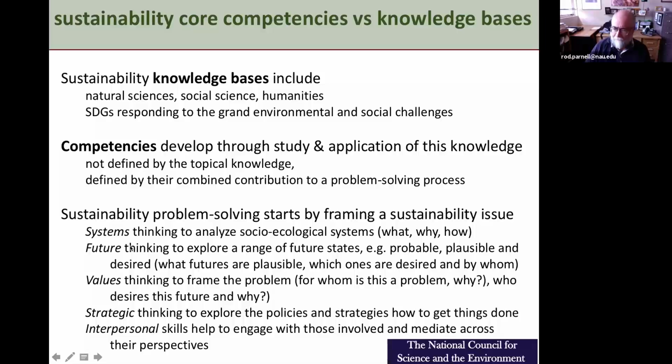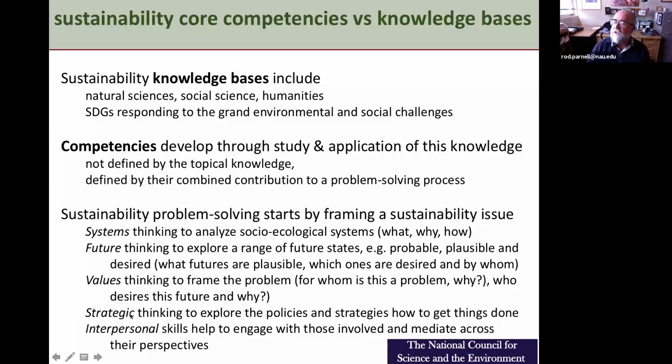So we can talk about different kinds of competence with respect to systems thinking for the analysis of a particular socio-ecological issue. We can talk about future thinking in terms of how to explore possible future states. We can talk about the normative aspects that Peter had mentioned before with respect to the values and ethics that we think are necessary to be able to frame the problem.